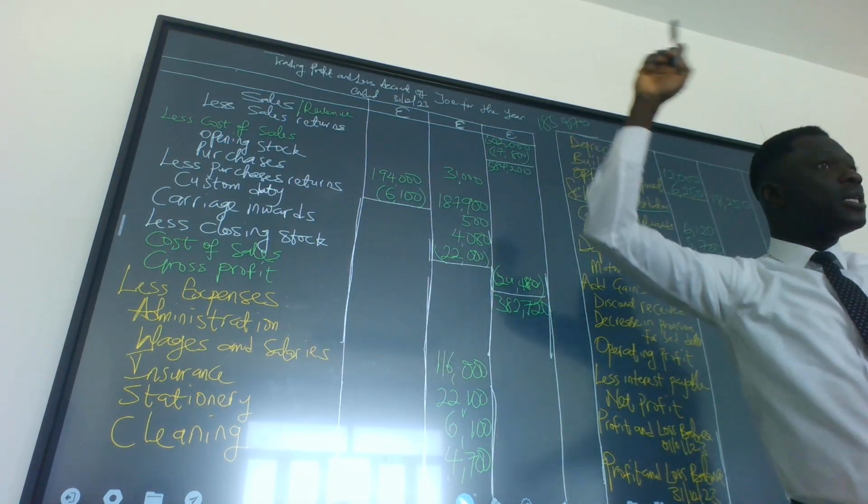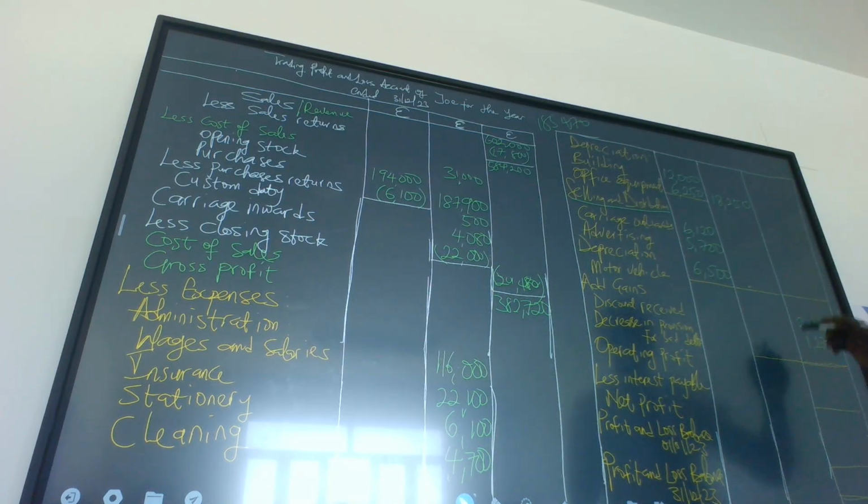Right? Please confirm that. Yes. So we have 185,470. Okay, so we have the gains.